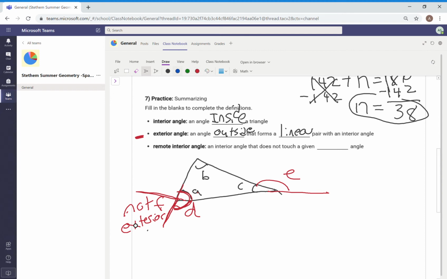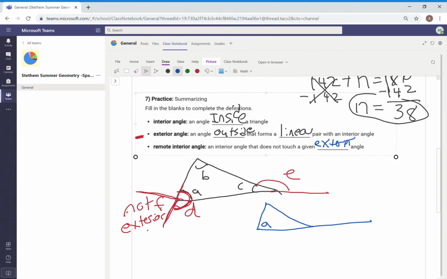Finally, we have this remote interior angle. A remote interior angle is an interior angle that does not touch a given exterior angle. So what does that mean? I draw a triangle. I'm going to extend out my line.